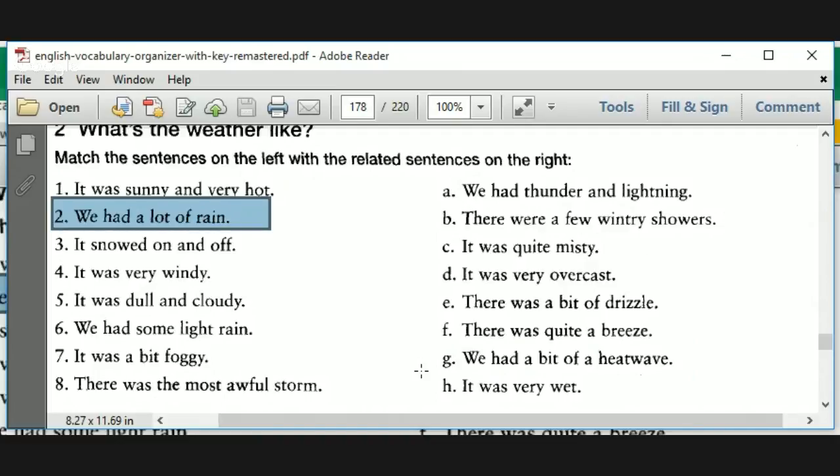Wintry shower. I don't know. Some word is new for me. It was very wet. Yes, you got it. That's right. So a common phrase: it's been very wet the last few days, meaning obviously water, rain.